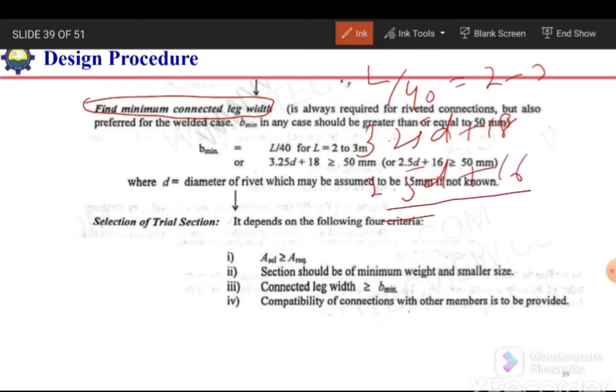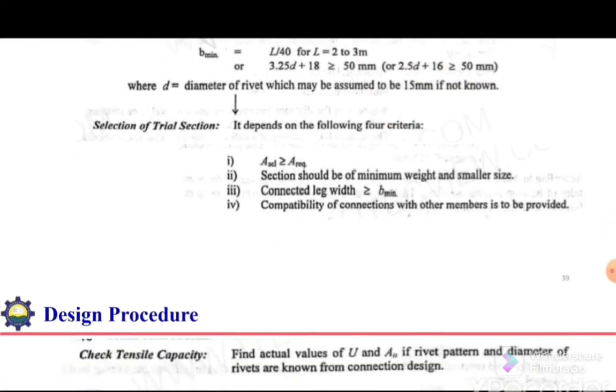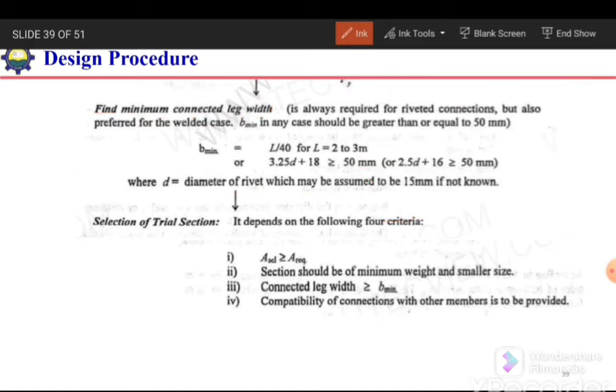This is when only one leg is connected, and this is when both the legs have bolts. Initially, if we don't know the diameter of bolts, we can assume that the diameter of rivet or bolt is 15 millimeter.